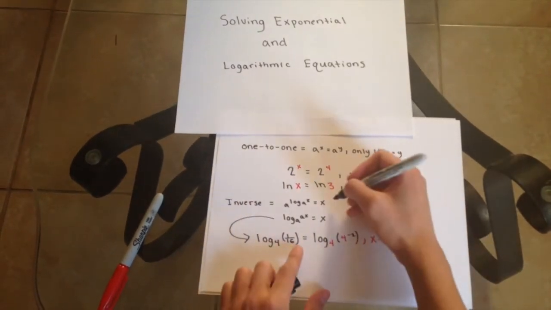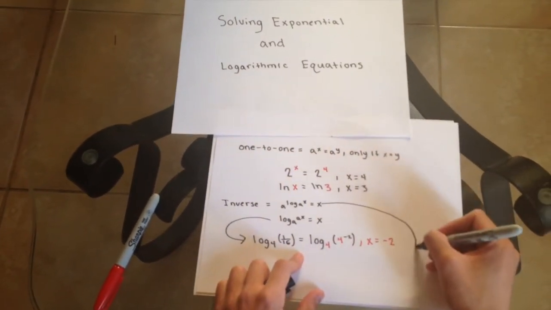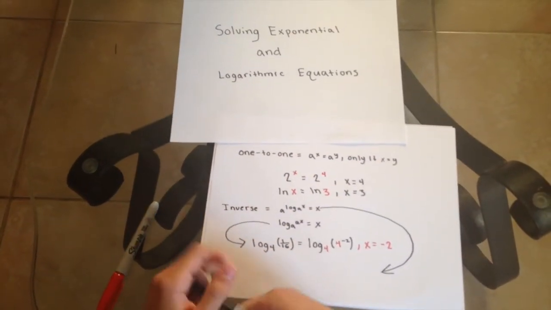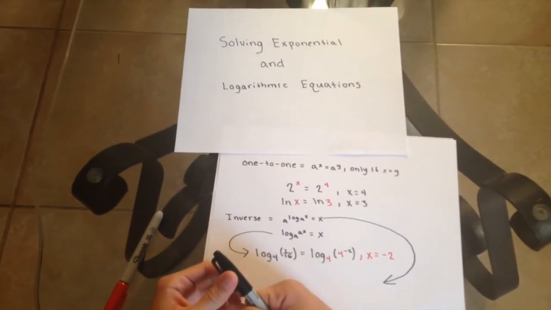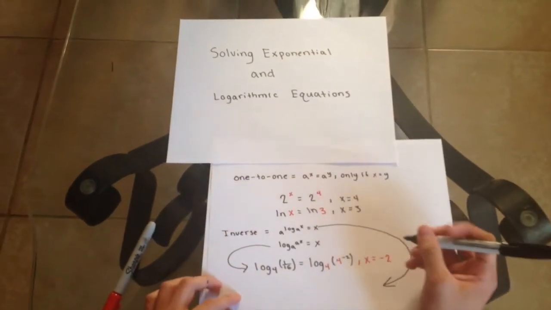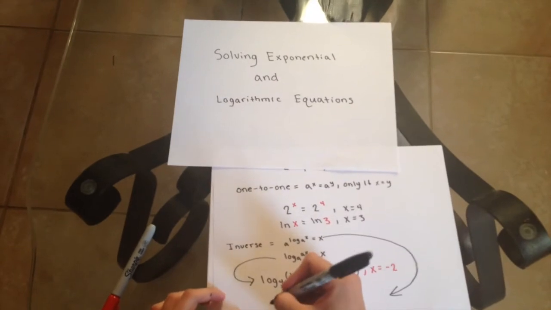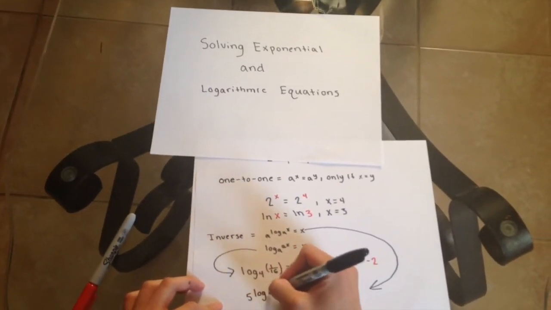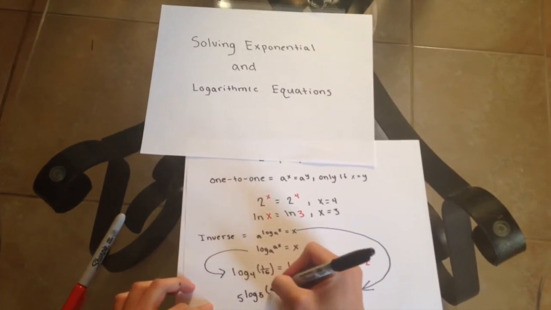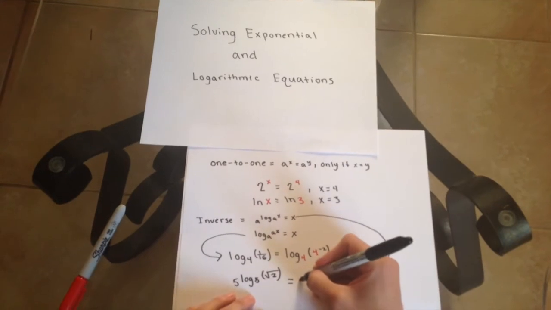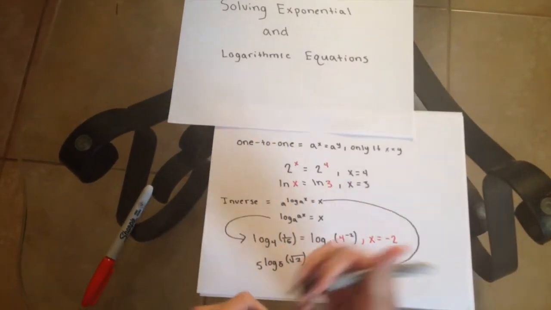Okay, so for this example, it's basically the same concept in reverse because the inside function is a log and the outside one is an exponent. Let's just do a quick example for this one. If you have 5 to the log base 5 of the square root of 2, it just simply equals the square root of 2.